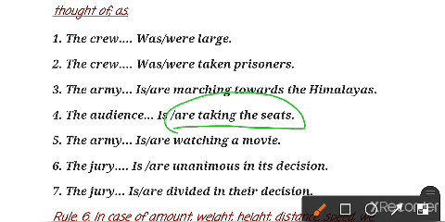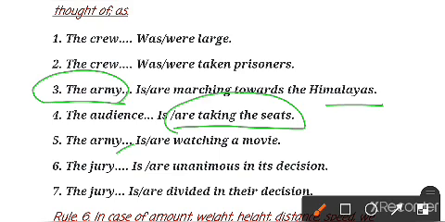The army is watching a movie. Okay, so here the army is doing one thing, all the army is doing one thing, going towards the Himalayas. But here the army is watching, what watching? A movie. So that is why is, okay, they are just watching the same movie. Actually here it is not army, here it will be audience.